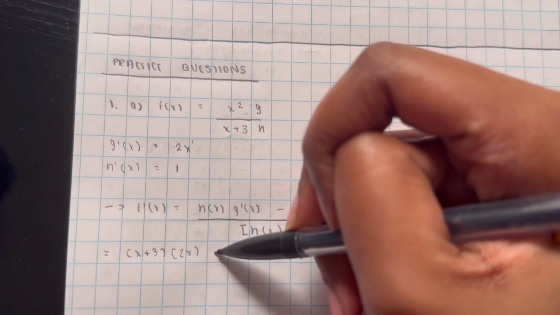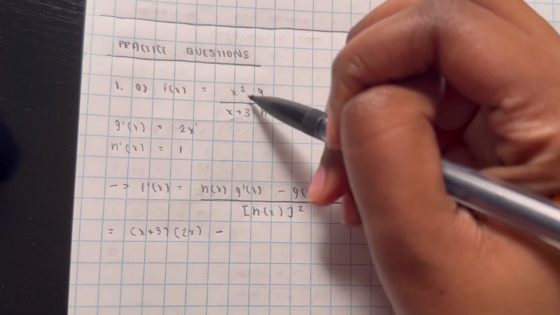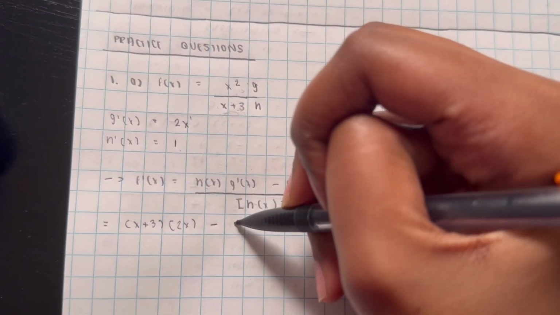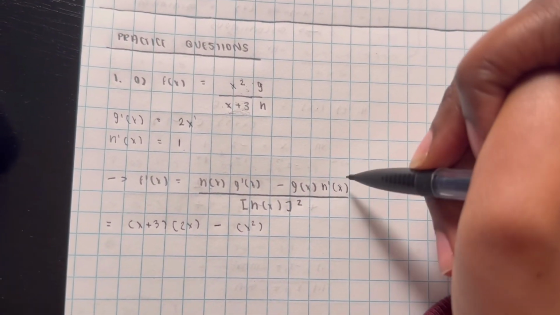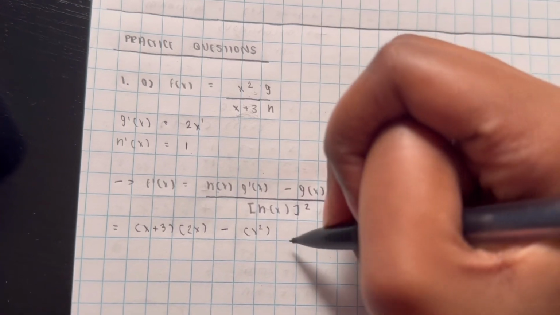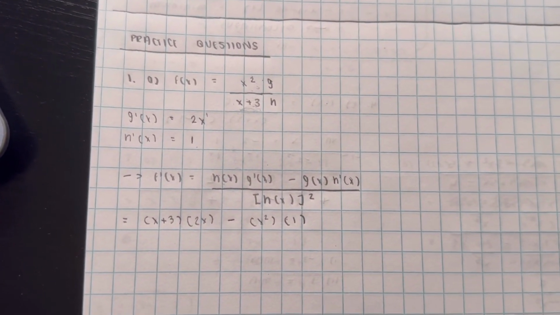Now we just add the subtraction sign and get g of x by itself, the regular one. So it would just be x squared multiplied by h prime of x, or the derivative of h, which is just 1. You don't have to add it, but just for the sake of making it easy to understand, we can add that.